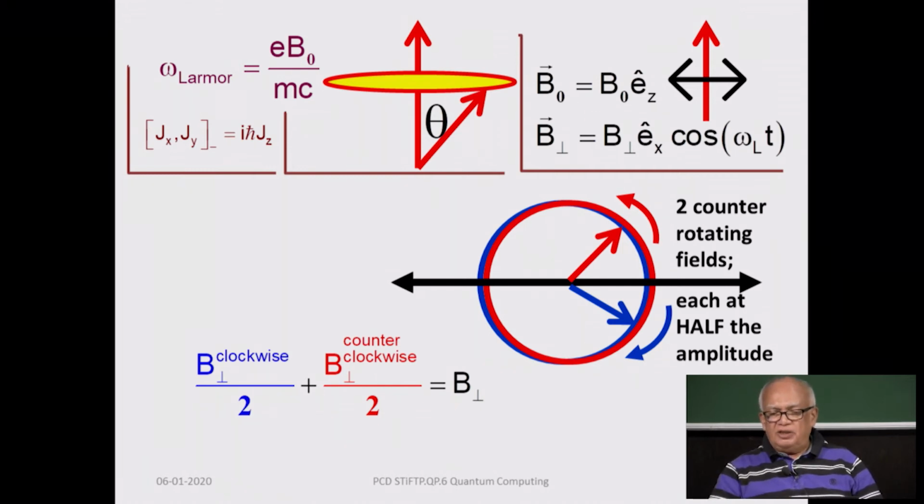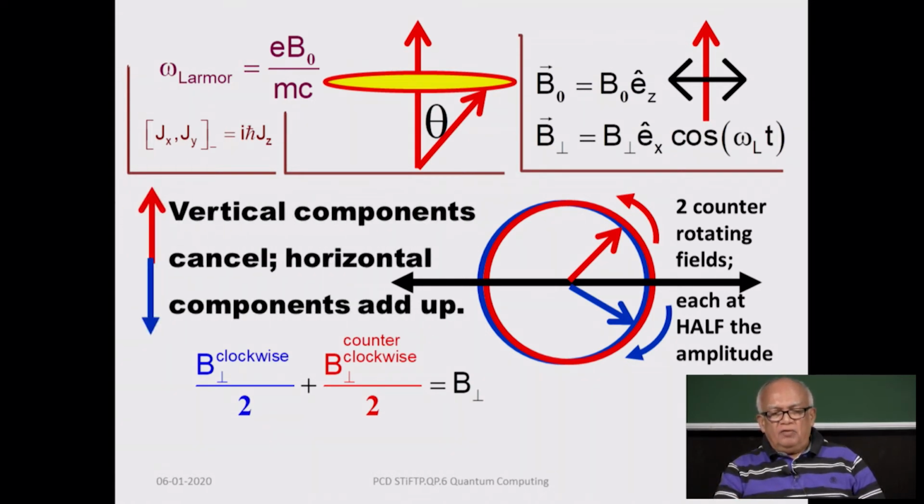If you look at these circles which are actually on top of each other, the red represents the rotating field which is counterclockwise, and the blue represents clockwise. Both are of half the amplitude of the black arrow, okay. So, their vertical components will cancel and the horizontal components will add up, and they will give you the polarized oscillatory field along the x axis.